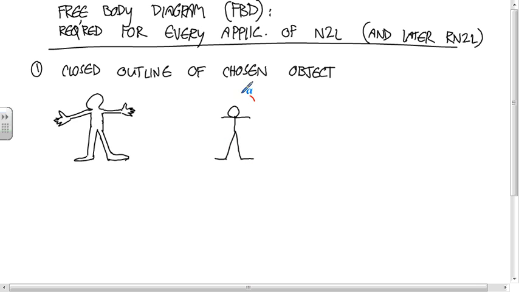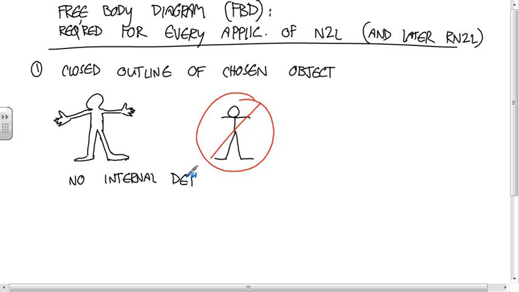And so this closed outline thing is important just for being clear about what forces are internal and what forces are external, okay? And this outline should have no internal details. And no external objects should be drawn.